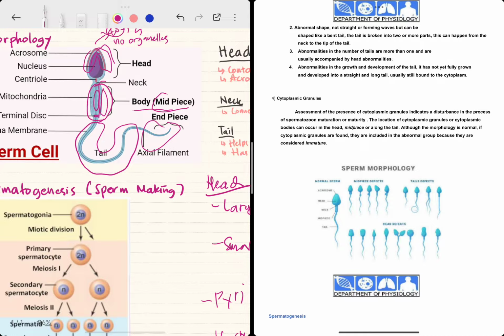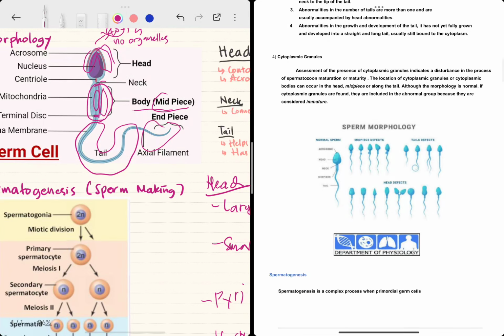Because a small droplet at the mid piece is normal in sperm from the epididymis. So if they are still in the epididymis, it's normal. But when they are ejaculated, they should be absent. So they don't have them anymore. And droplets more than one third the size of the head are significant abnormalities as well.